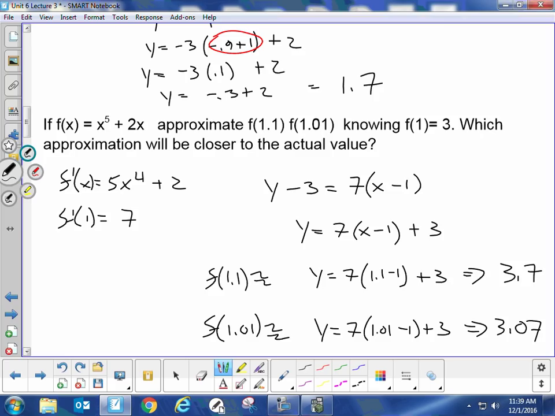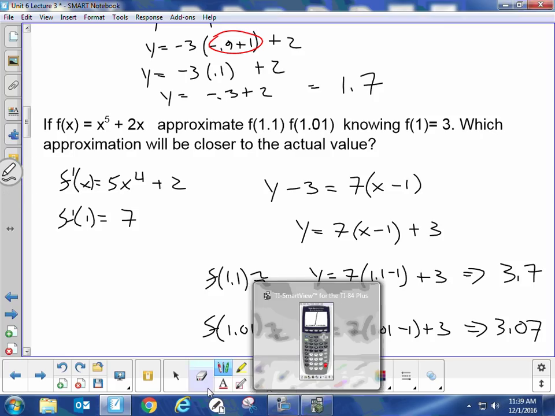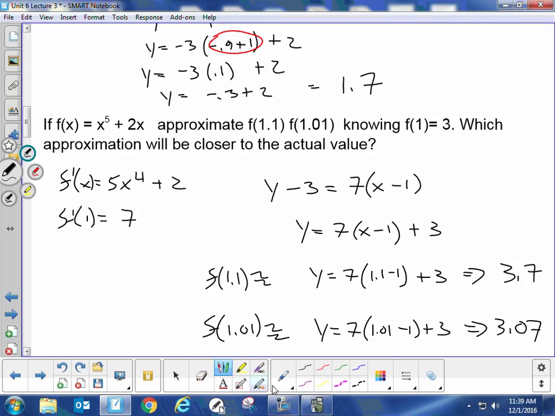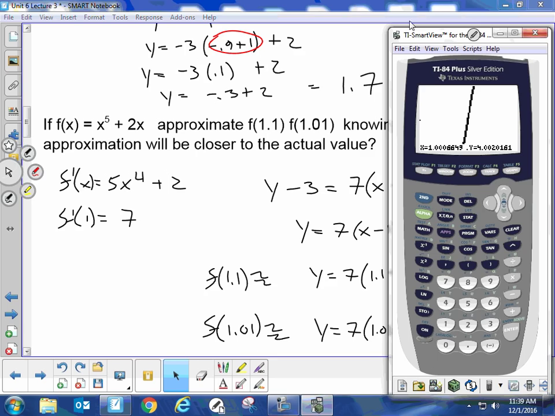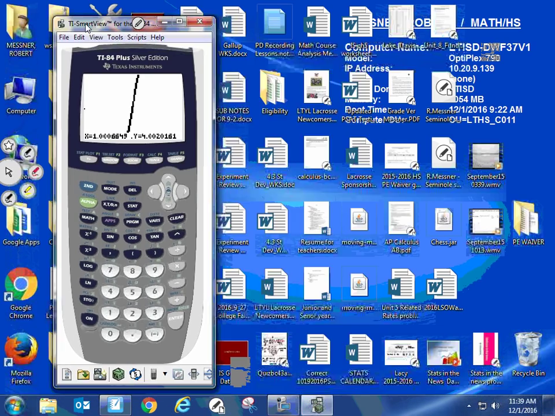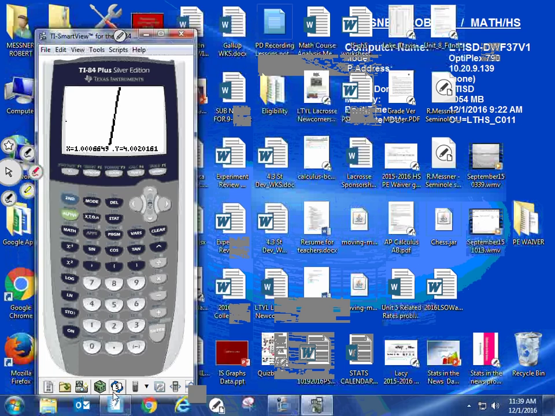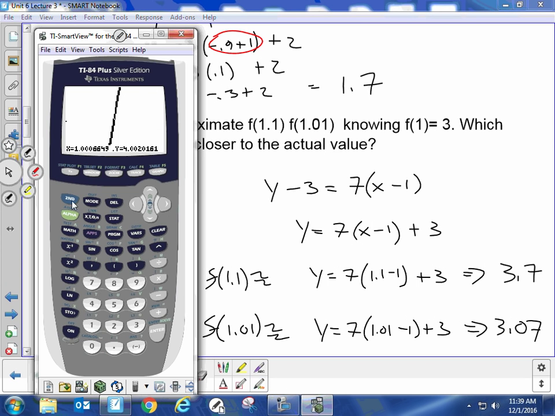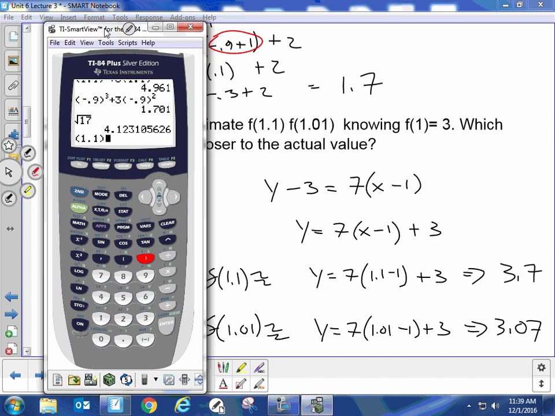I get an approximation of 3.7 for my first one, and then 3.07 for my second one. And if we check those values, we get 1.1 to the 5th plus 2 times 1.1.